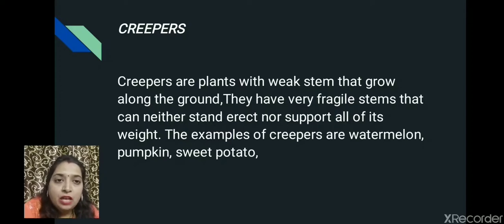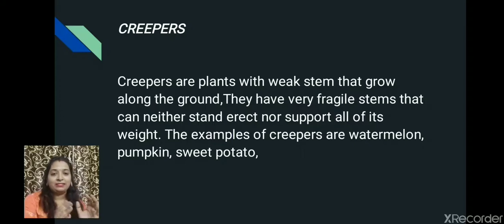Okay, now you can see most of the creepers, children, they have big fruits. Why do they have big fruits? Like you have seen watermelon, you have seen pumpkin. These are creeper plants, but they are very big size plant. Why? Can you tell me? Yes, see, like mango can grow on a tree, but pumpkin cannot grow on tree or any other plant. Why?